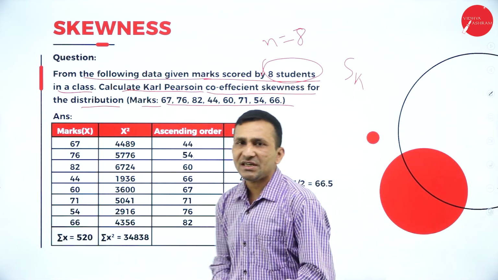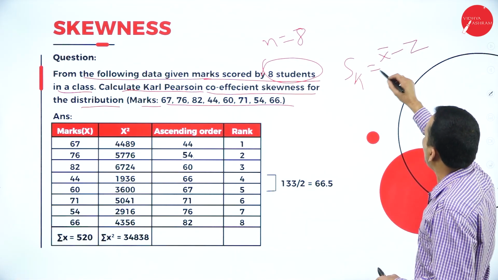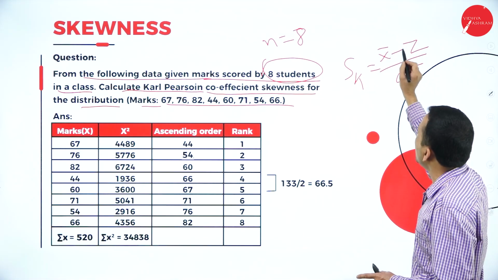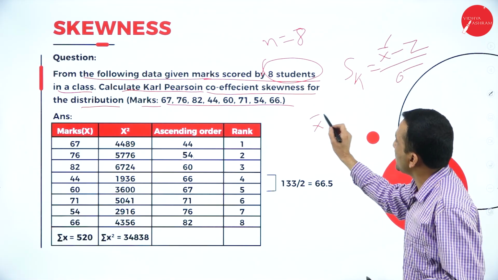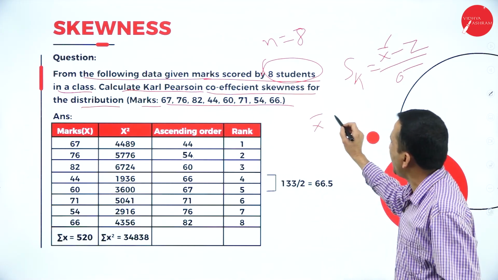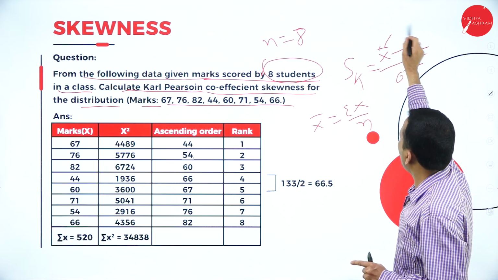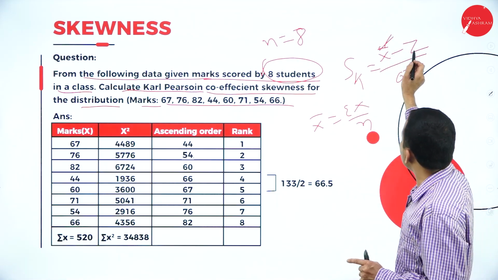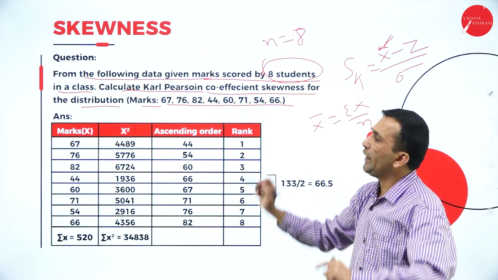Now we need to construct the table, because the formula is x bar minus mode divided by standard deviation. I can find the x bar value because the x series is given and the formula is sigma x divided by small n. For the mode, this looks like discrete ungrouped data, so you need to check.